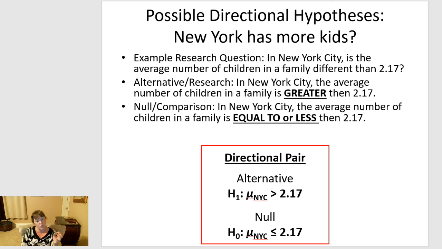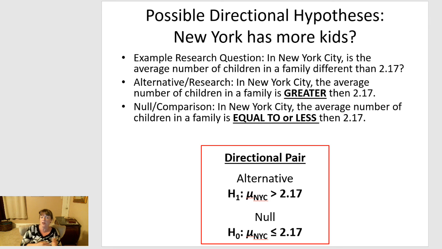And so when you have an alternative research hypothesis now, you're specifying that in New York City, the average number of children in a family is greater than 2.17. And because your actual research hypothesis specifies that you're only interested in discovering that people in New York City are having more kids than average, and you can decide if that's all you're interested in, you're the researcher.